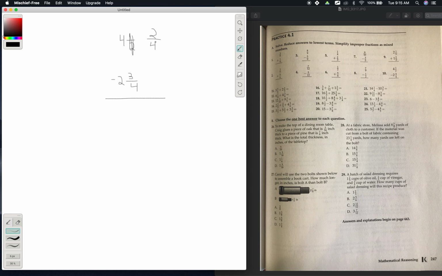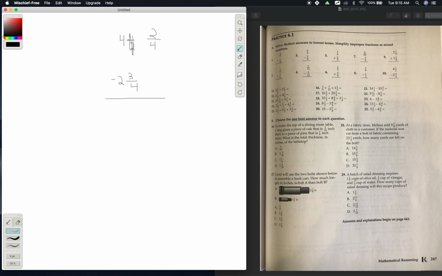Again, if this was 6, this here would still indicate there's 4 here. Each one of these 4 would equal 6 if this was a 6. Okay, so it's just kind of coincidence that it's 4.